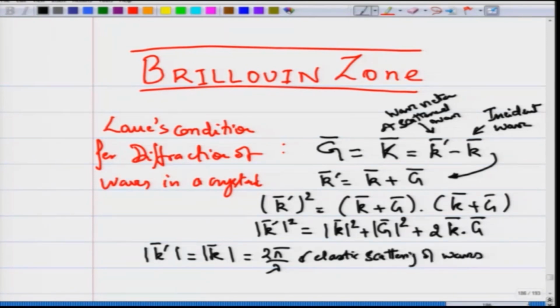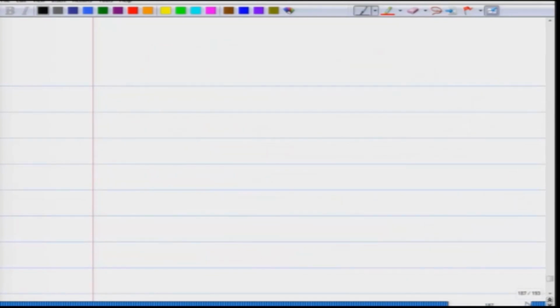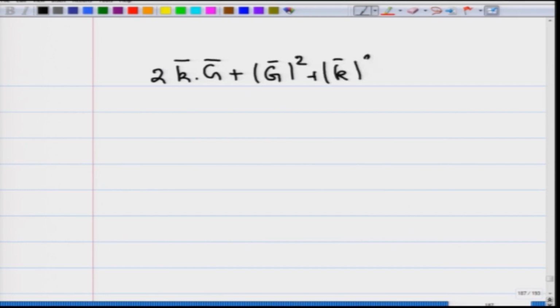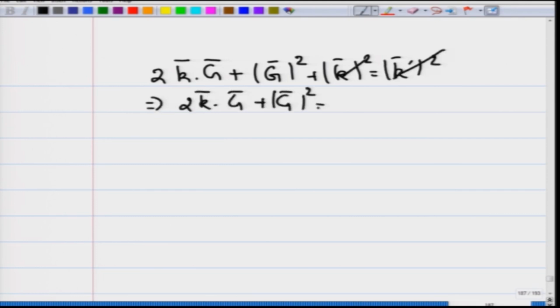Therefore, k squared cancels with k prime squared, which will give me 2 k dot G plus G squared is equal to 0.